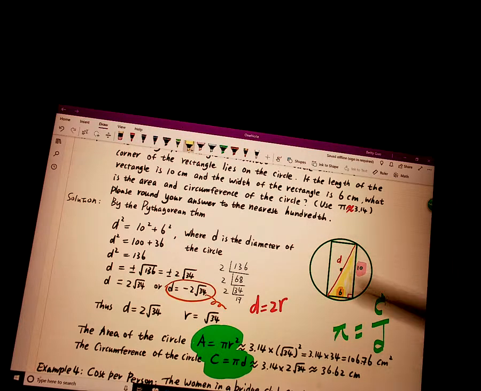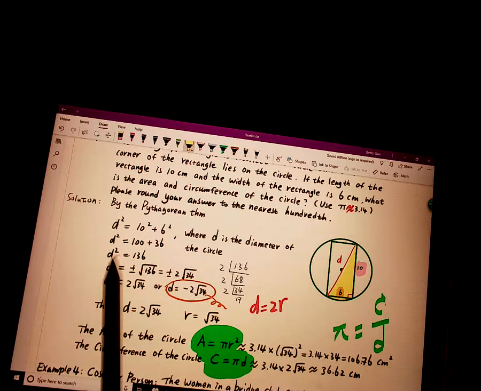If you look at this yellow triangle, it is a right triangle. The two legs are 6 and 10. The hypotenuse is D, the diameter of the circle. So by the Pythagorean theorem, yes, we're going to use that theorem again, we are able to find a value for D. It turns out the value of D is an irrational number.